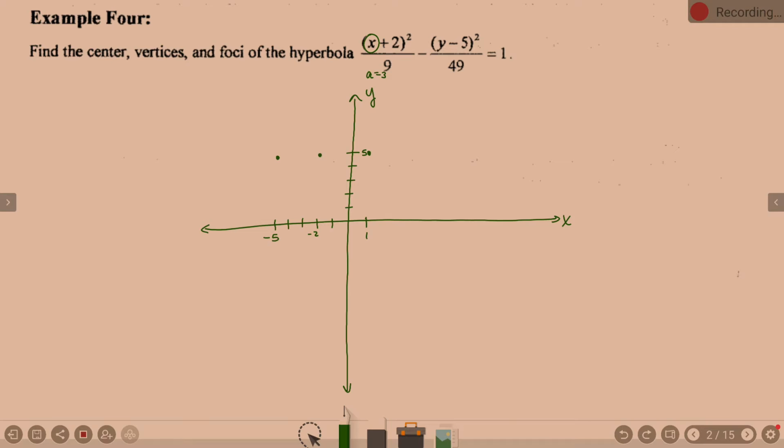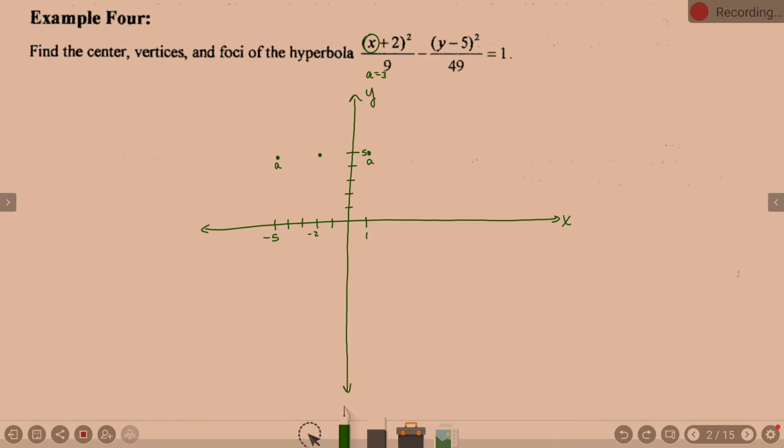Now, those are my A values, right? What else does an A value denote? Vocabulary word here. Transverse axis. Getting there. Okay.